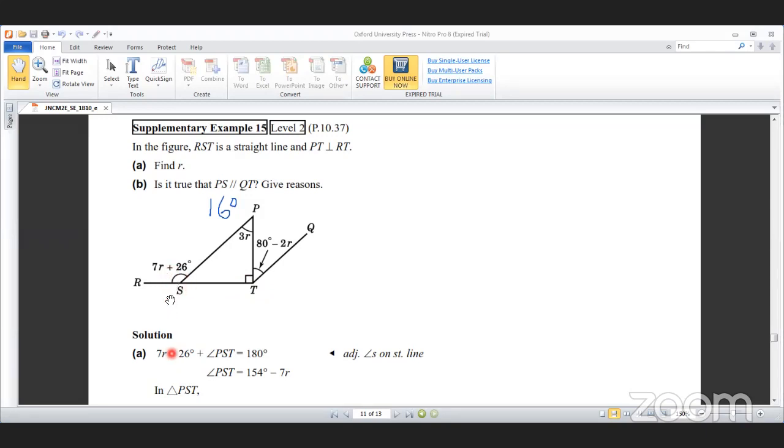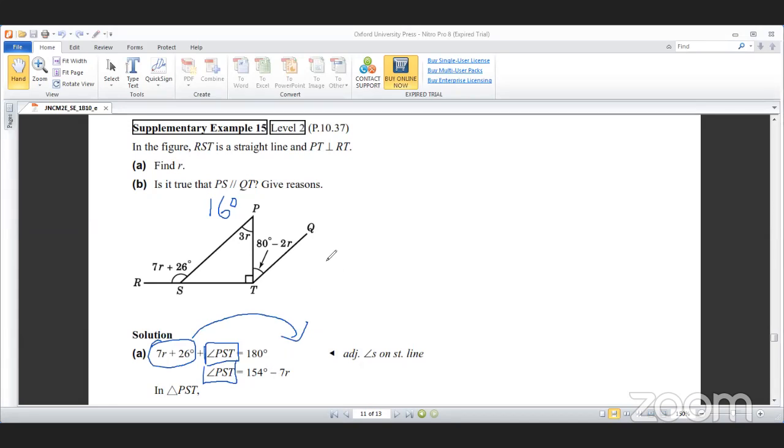Therefore, we have this angle 7R plus 26 degrees, and then plus angle PST. Because we need to find this one only, I keep this one on the left, and this part we all move to the right. It has skipped some of the steps.